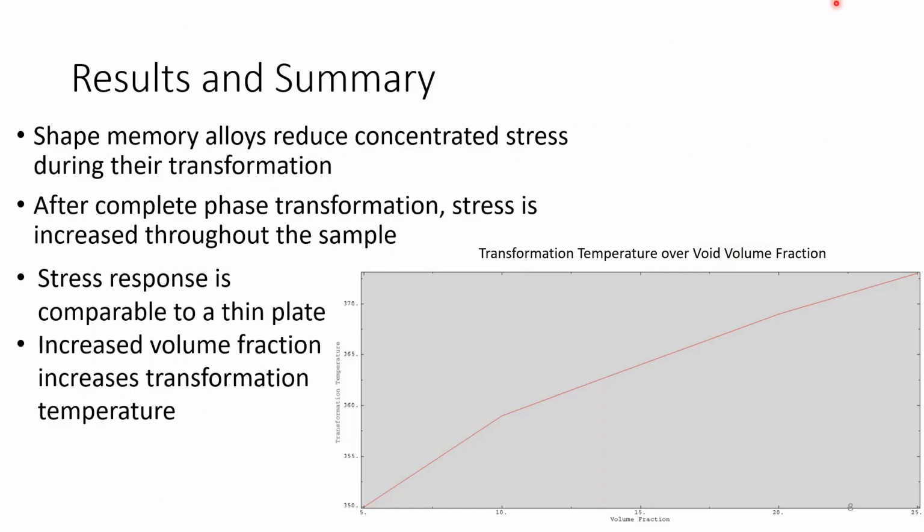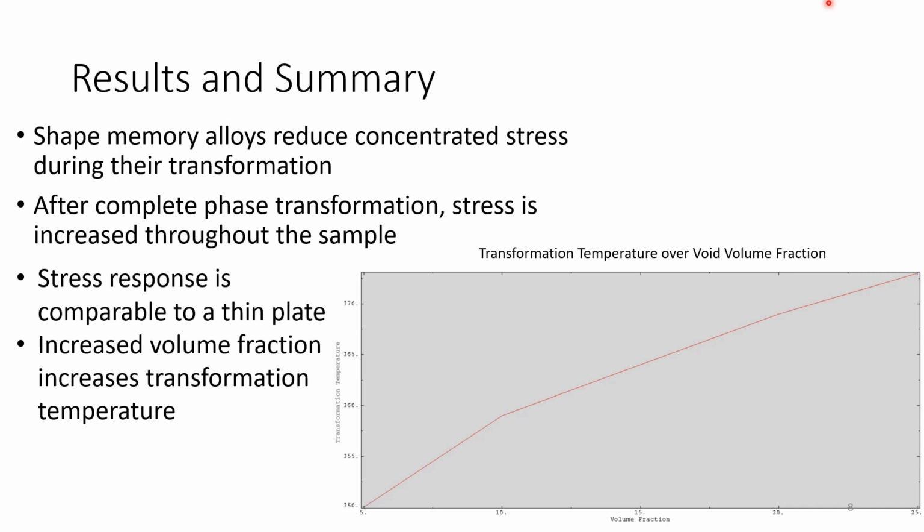So in summary, we can see that the shape memory alloy does reduce the concentrated stress around the metastructure. It is an adaptive metastructure where the SMA does transform and reduce the stress at the concentrated points. But once it finishes transforming, the stress is actually increased on net throughout the entire metastructure.